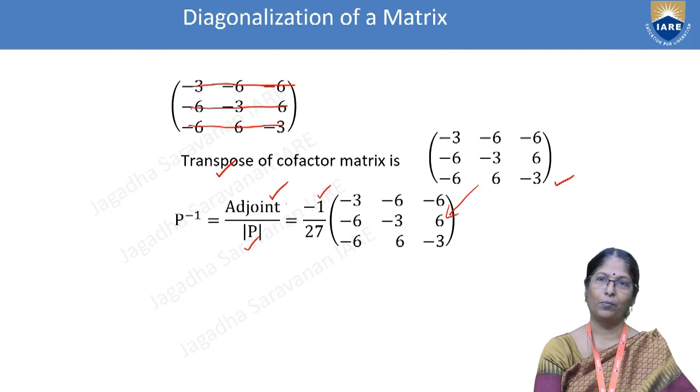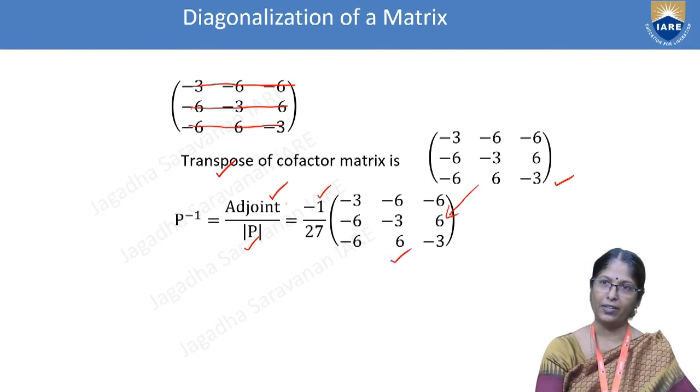But in the exam, we can find the eigenvalues and eigenvectors. To find the inverse, students can use the calculator in just one step. They can write this matrix using the calculator, but in the lecture it is explained. In the exam, P inverse can be found using the calculator.